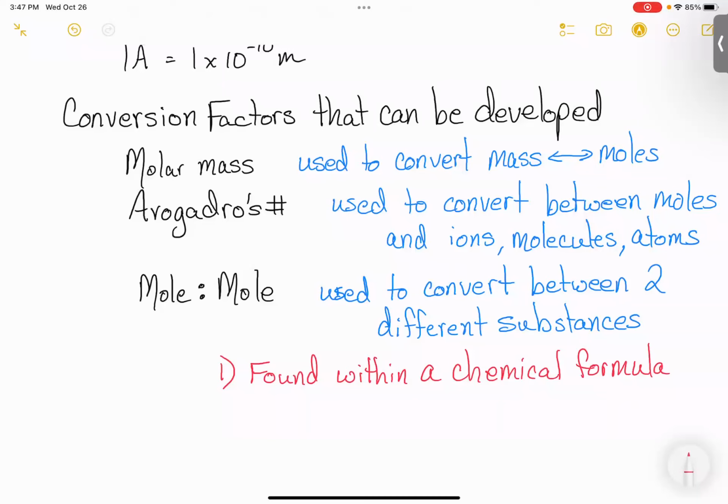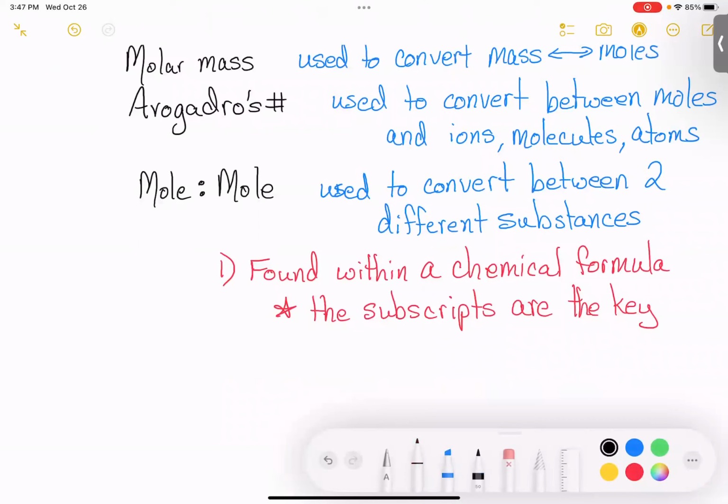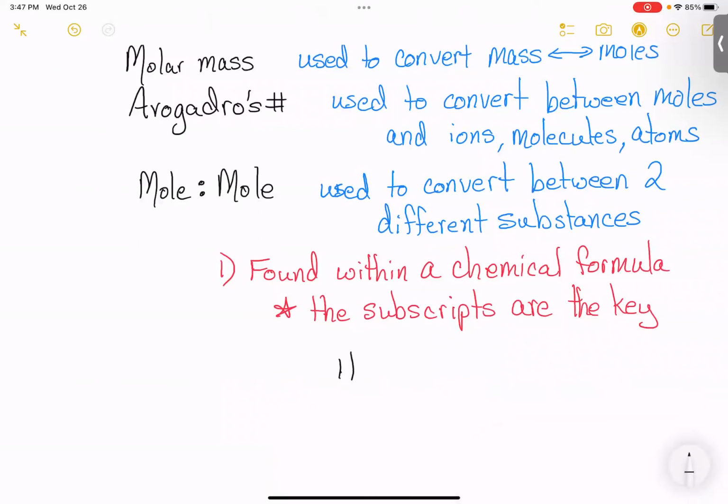Basically, the subscripts are the key. So an example would be if I have H2O, which is water.